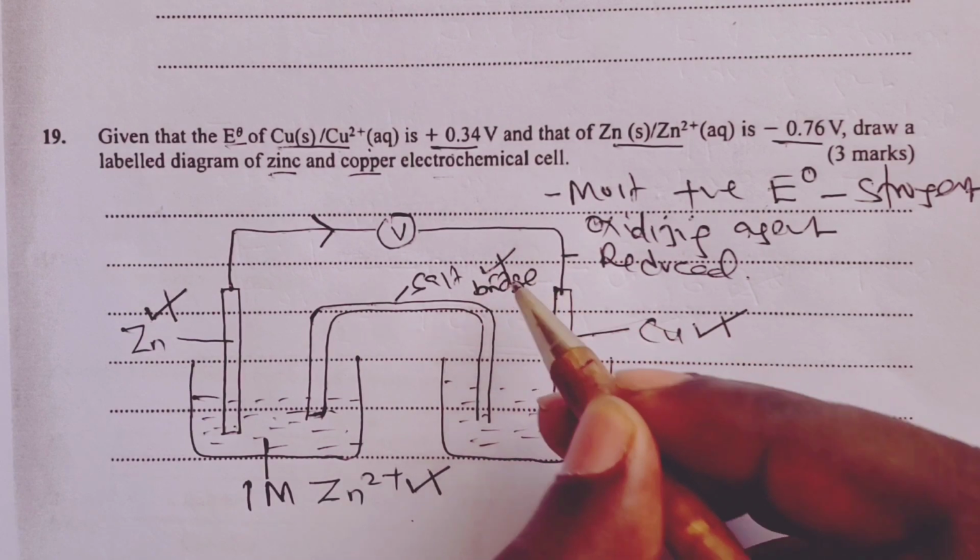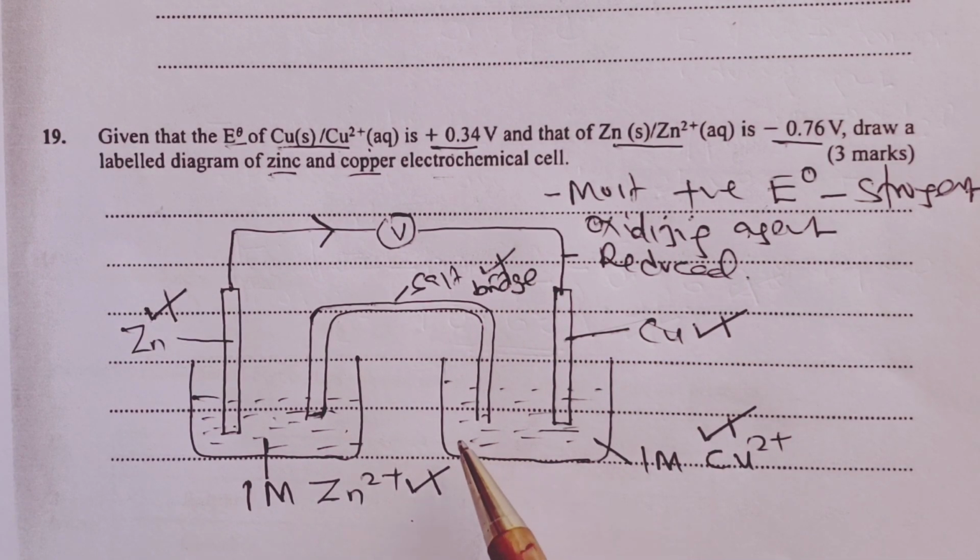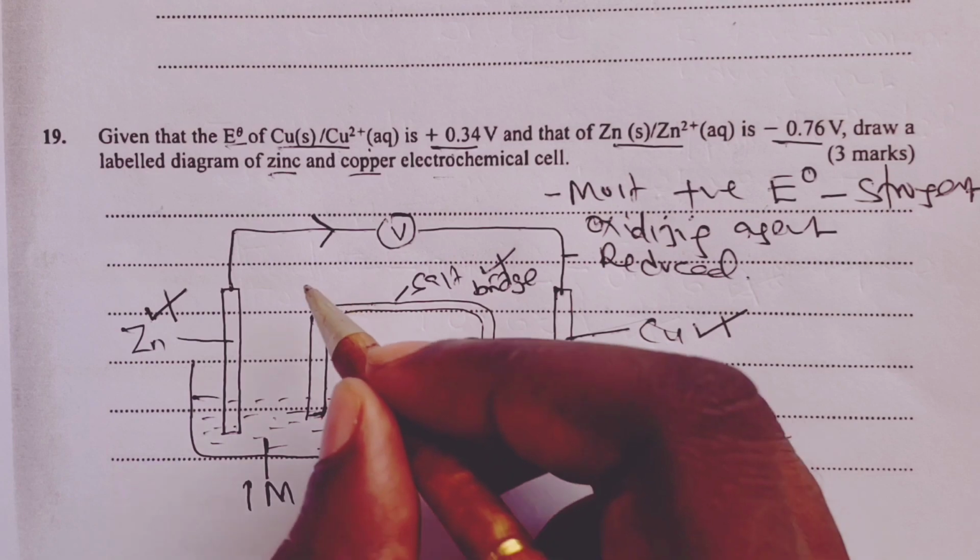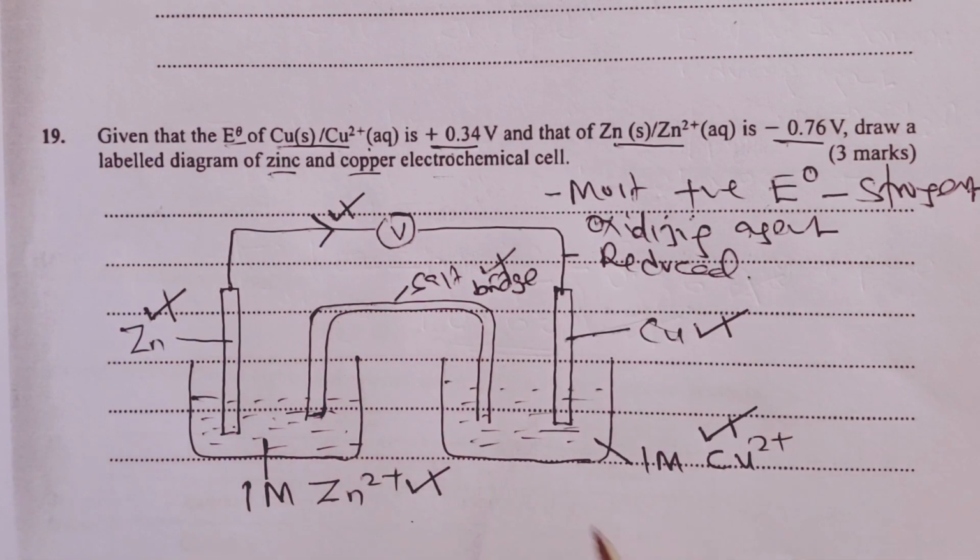And the last half would come from showing the direction of electron flow. That is what was expected in question number 19 for the year 2019.